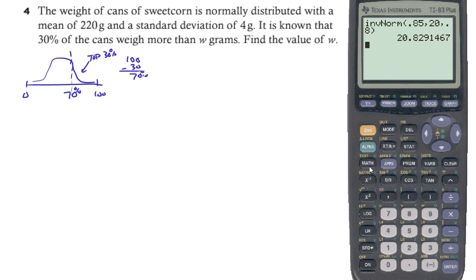So on our calculator, second variables, which is distribution, since we're talking about percents here, we're going to do the inverse normal. And we are going to do 70%, so that's 0.7. And then our mean, which is 220.